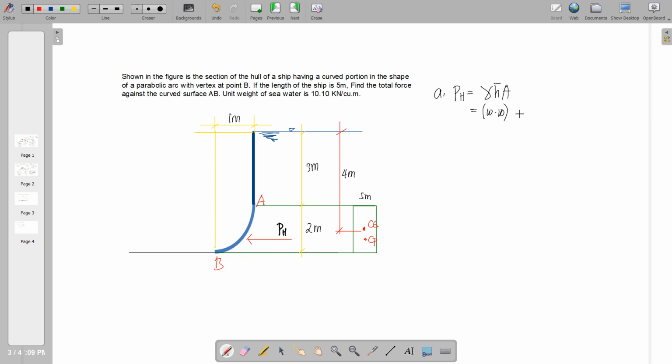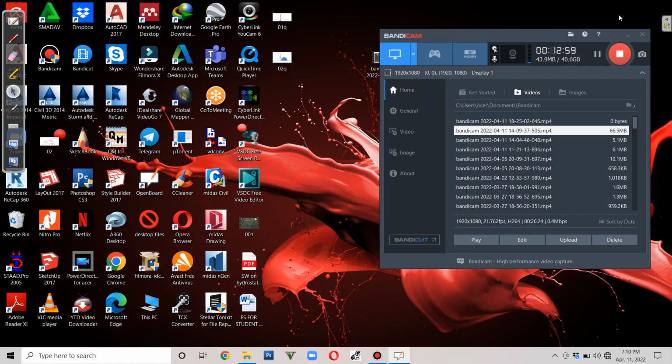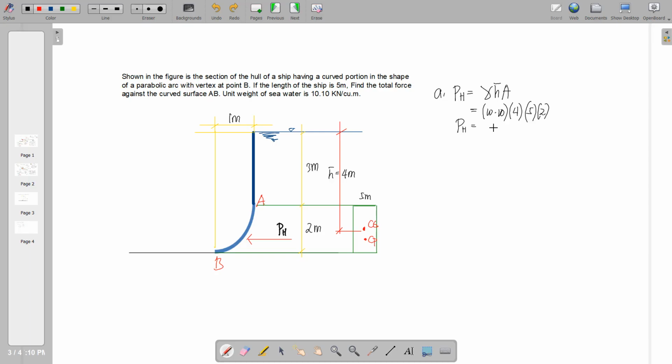So given h bar is equal to 4 meters, we have 4 times the area of this rectangle, 5 by 2. So we get the product, PH equal to 404 kilonewtons. So we are done with the horizontal component.